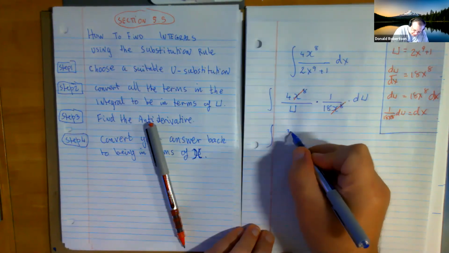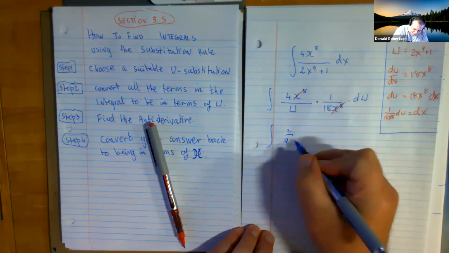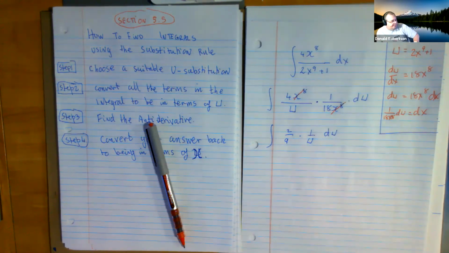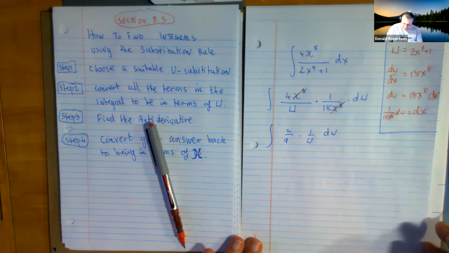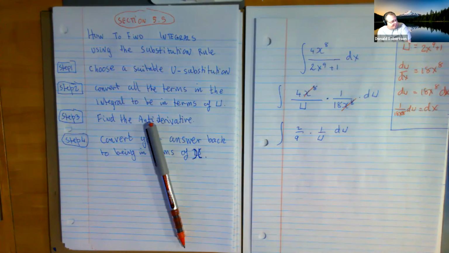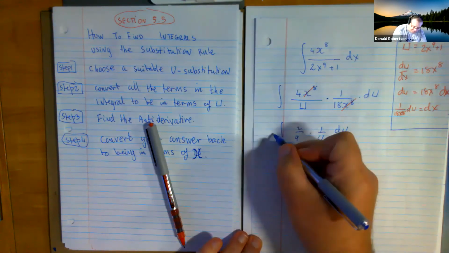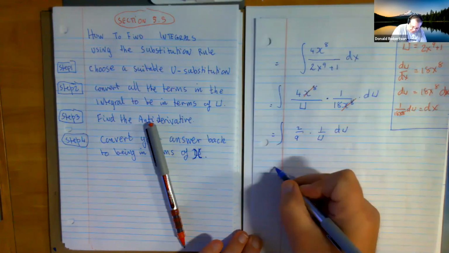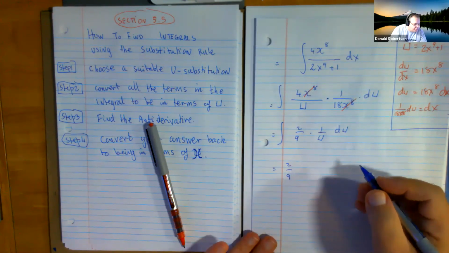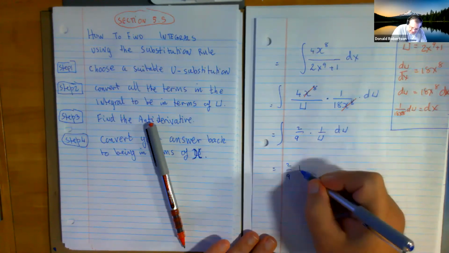So what we're looking at is 2/9 times 1 over u du. Okay, what's the antiderivative of 2/9 1 over u? 2/9 times nice natural log u. A little bit louder, please. I heard the 2/9 part, but not the rest. Natural log u. I hear you.